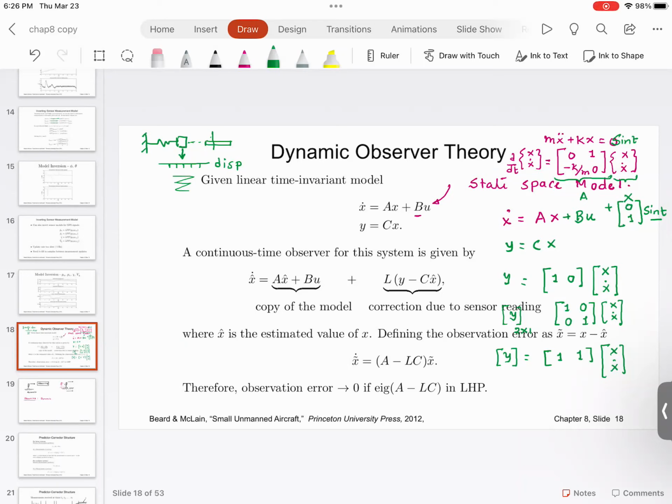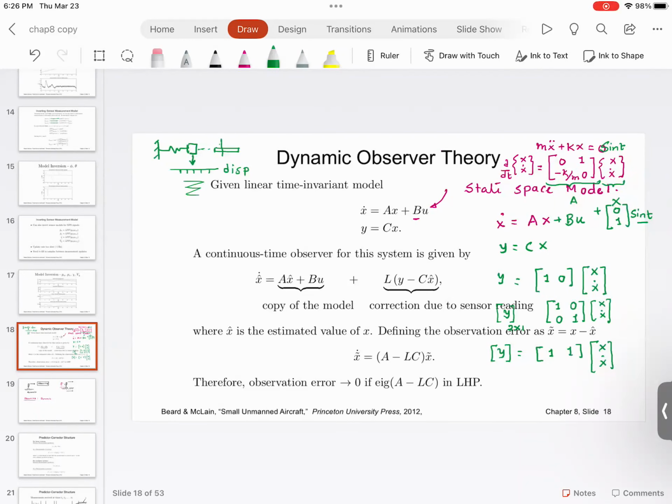The only thing that I know is mx double dot plus kx is equal to sine t. But I'm not very confident about the observation, because there might be some errors in this sensor. So there could be some type of errors.